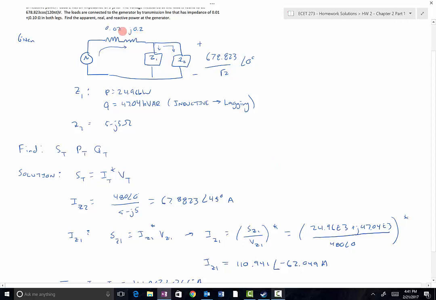I've doubled it here, but remember the original line impedance was 0.01 plus j0.1. If you use 0.01 and j0.1, you have to sum for three voltages. This is equal to that plus the voltage here. If you lump them together, you just have that is equal to that plus that.